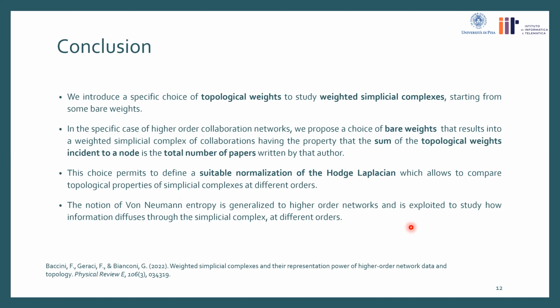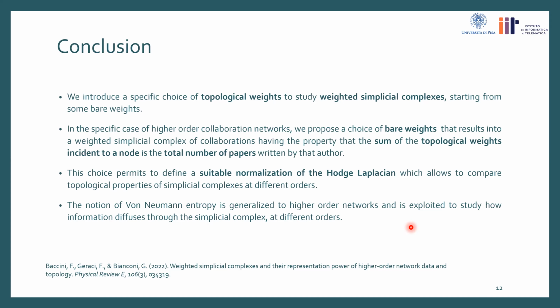Okay, so in conclusion, I introduced a specific convention for the topological weights for studying weighted simplicial complexes that allows us to fully access the information about the bare weights that come as input with your higher order interaction data.